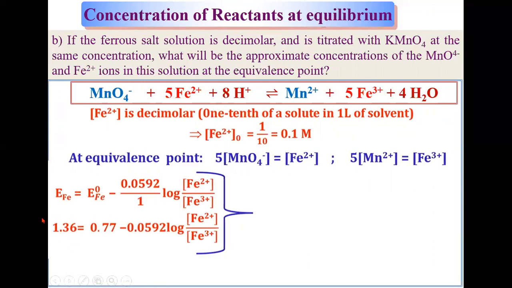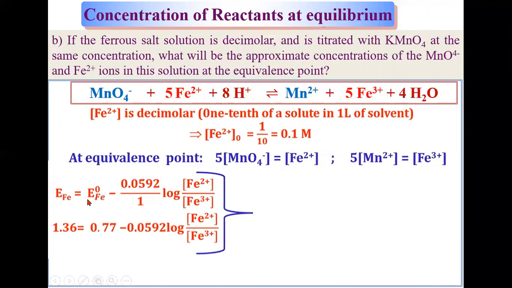Now, since we have the E at equivalence, which simply comes from E of one of the couples, and I have the concentration of Fe2 plus, why not use E at equivalence from the E of the Fe couple?